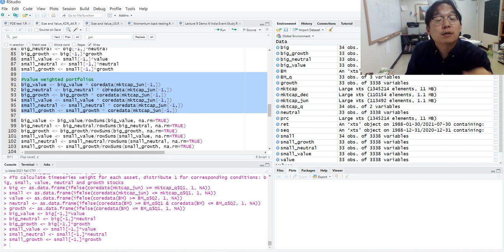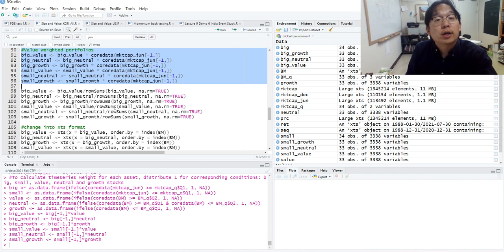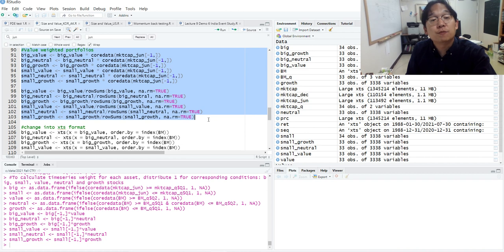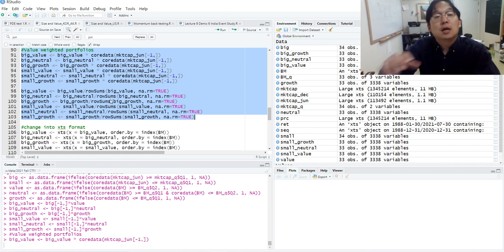Core data, then you take the data value from market cap June for each and every stock. And for each different month, each different year, you have to calculate the weight of each, the market value based weight for each different company's market cap.